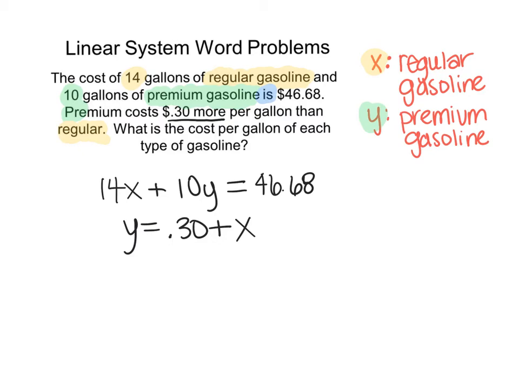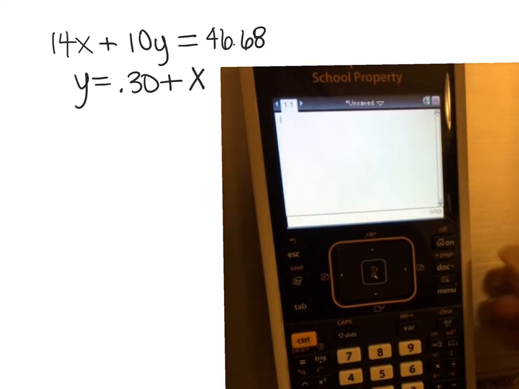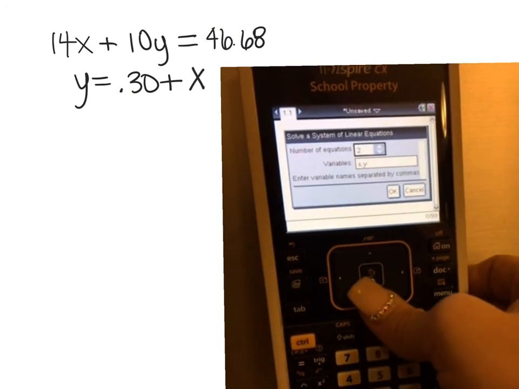We can put them in the calculator. We can use our menu 3-2 to solve for the system of equations. Okay, now that you are on a calculate screen, you're going to press menu 3-2. Go ahead and press OK.